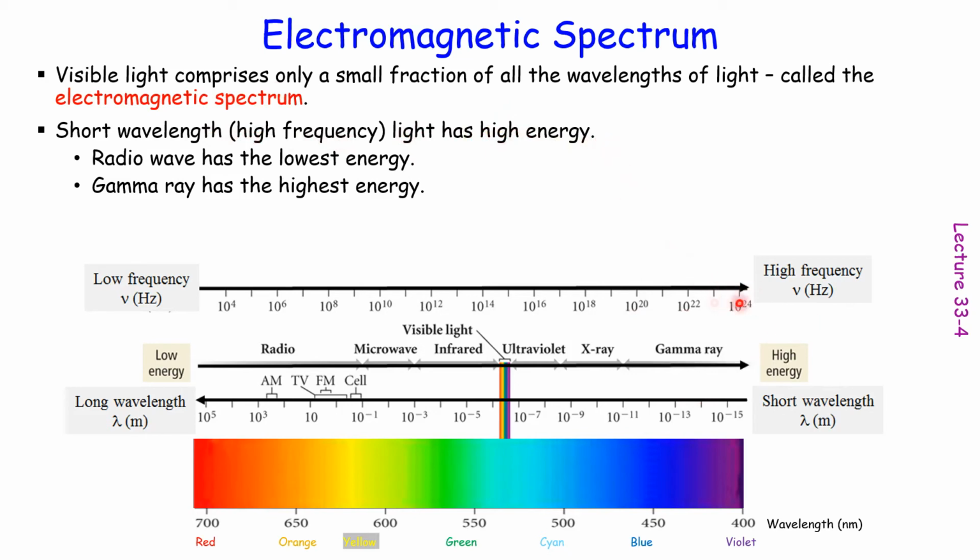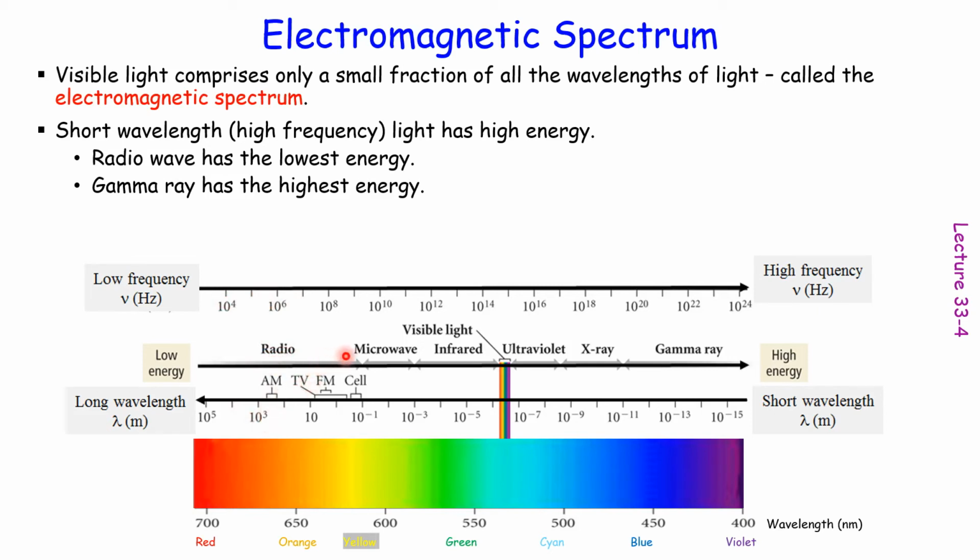High frequency is this end, and short wavelength is also the right-hand side, this end. Therefore, for the energy axis, on the right-hand side, we can find the highest energy. From this spectrum, we can see radio waves have the lowest energy. Of course, they also have the lowest frequency, and they should have the longest wavelength.